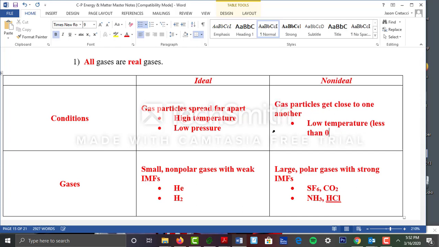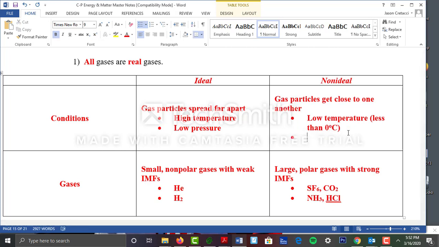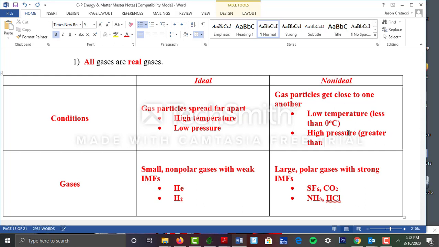So we're talking less than 0 degrees Celsius. And high pressure means greater than 1 atmosphere of pressure. Those are no good.